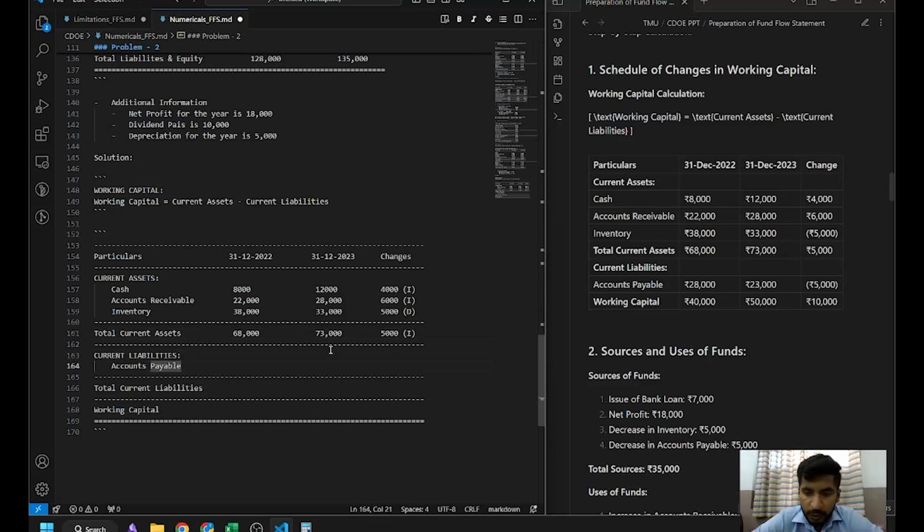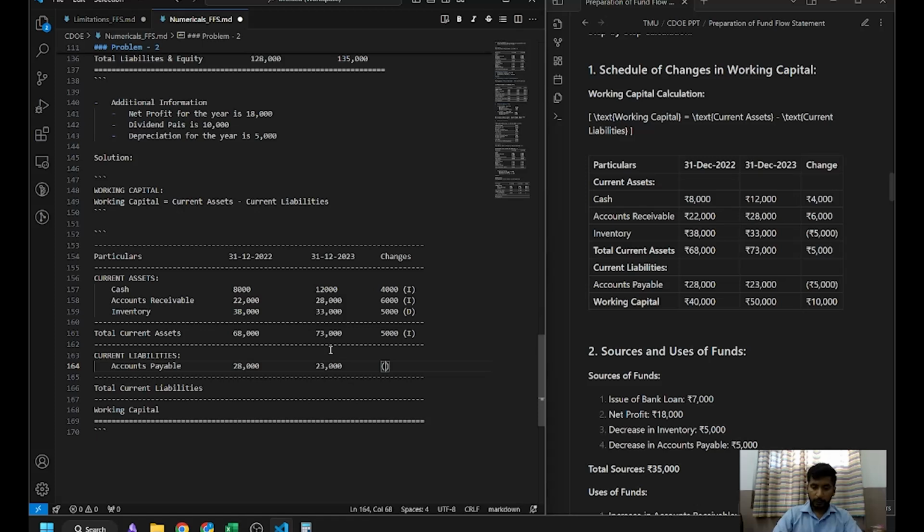Then come the current liabilities, which is only the accounts payable. So we have the accounts payable of rupees 28,000 in the year 2022 and 23,000 in the year 2023.